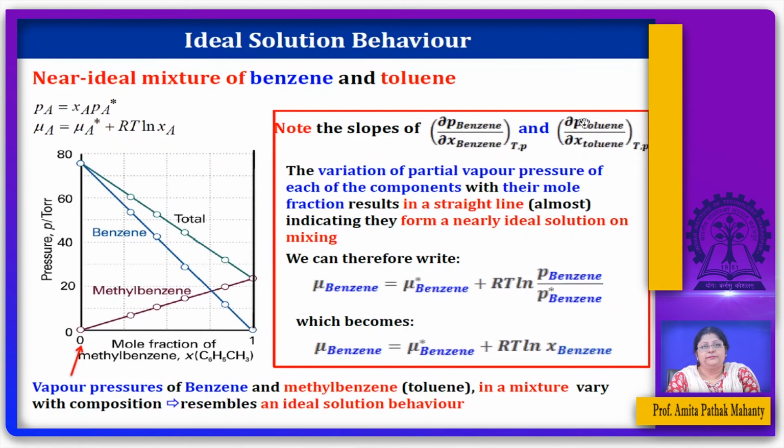And for toluene, when the composition is varied with respect to the composition of toluene, this slope will be nothing but the vapor pressure of component B in the pure state. So this slope is going to be the vapor pressure of toluene in the pure state, and the slope for this curve will be the vapor pressure of benzene in the pure state, when the experiment is performed at a given temperature and pressure.